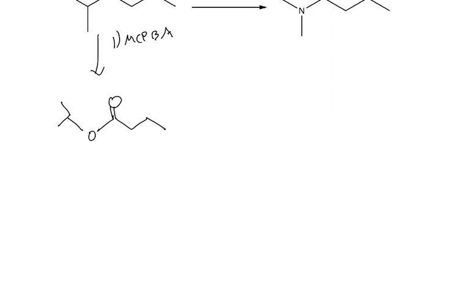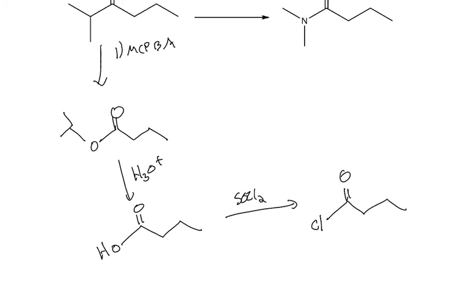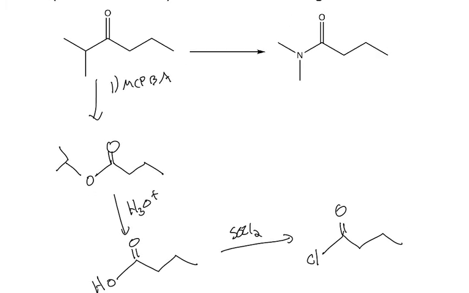Since we want to do the opposite of Fischer esterification, we're going to go with acid catalyzed hydrolysis to give us a carboxylic acid, then SOCl2 will get me to the acid chloride, and finally 2 equivalents of the amine.